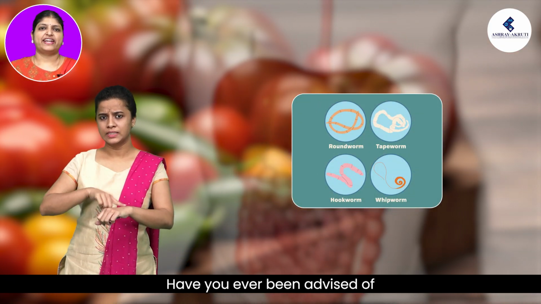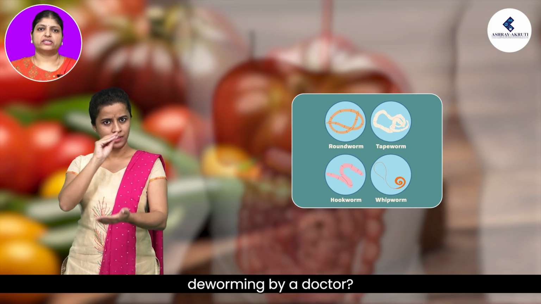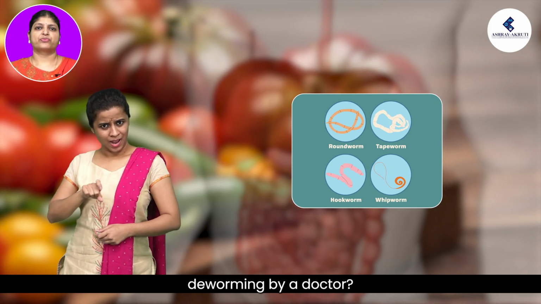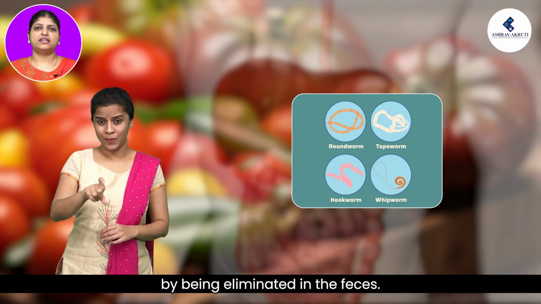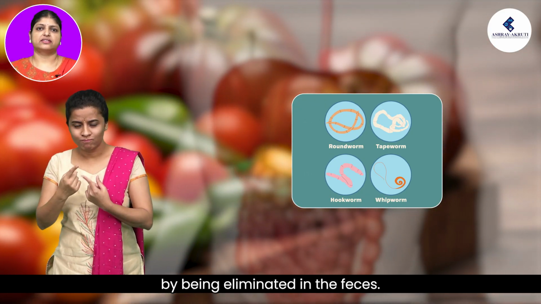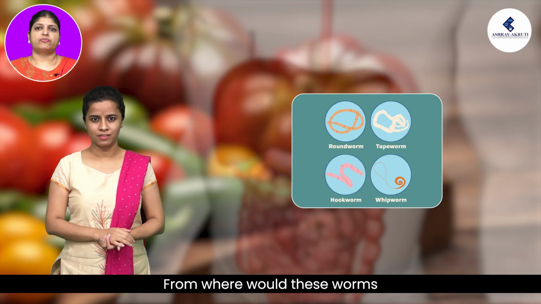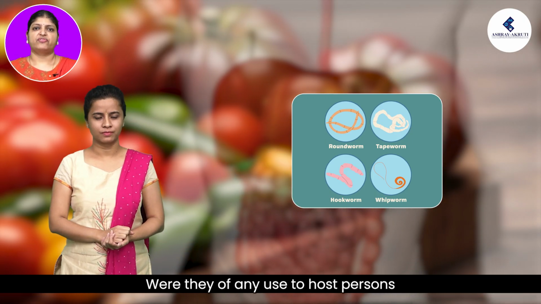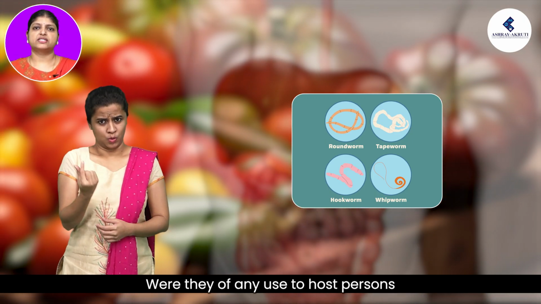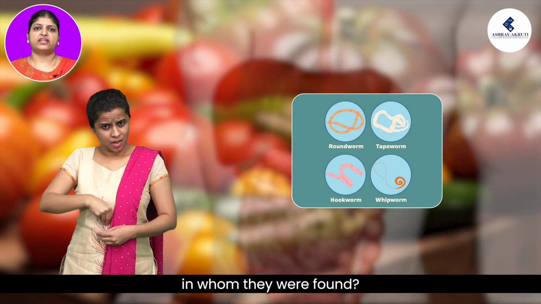Have you ever been advised of deworming by a doctor? You might have heard or seen worms being eliminated in the feces. From where would these worms get nutrition? Were they of any use to host persons in whom they were found?